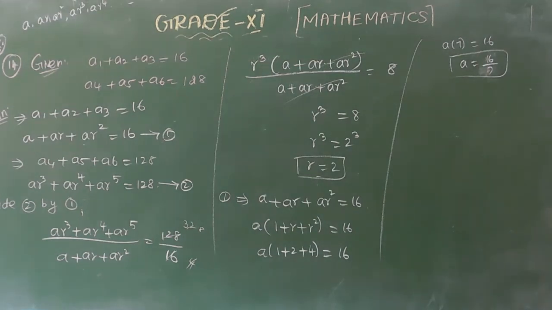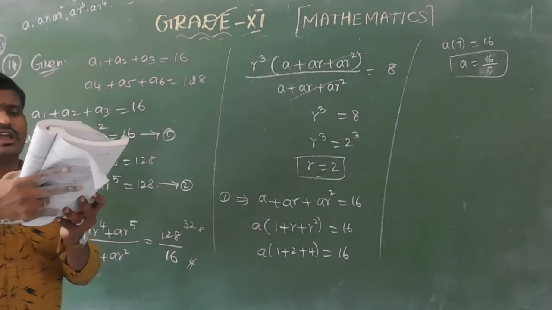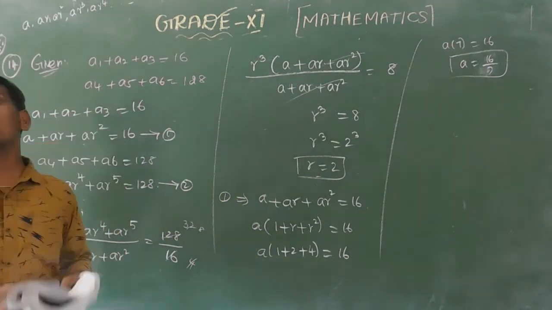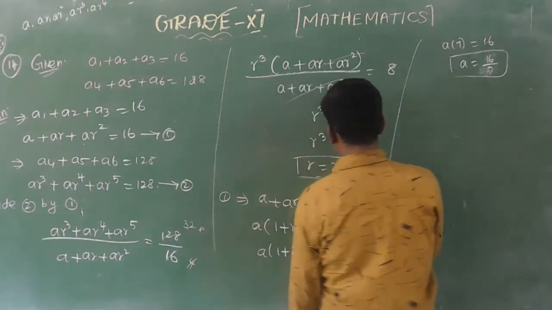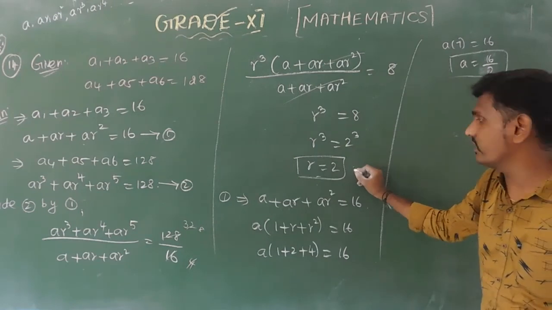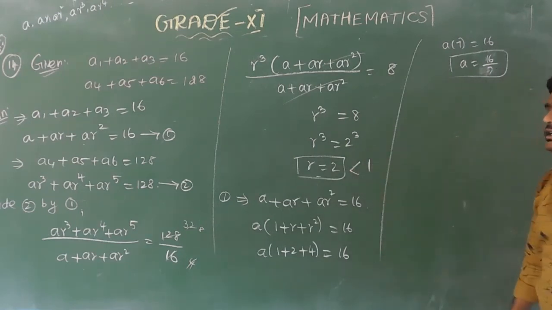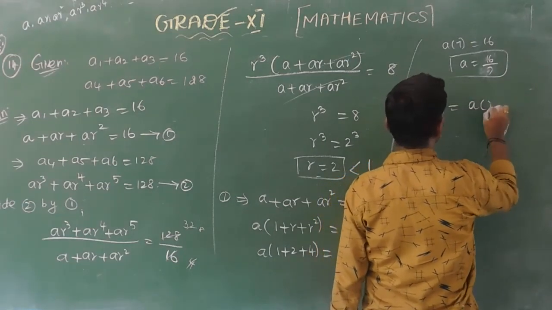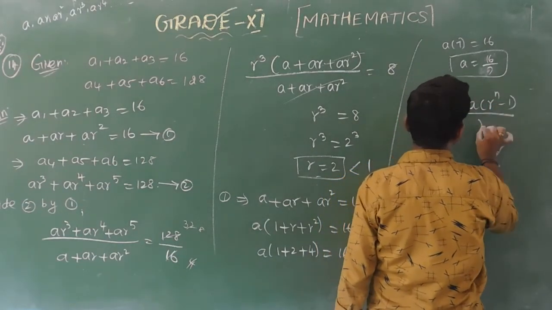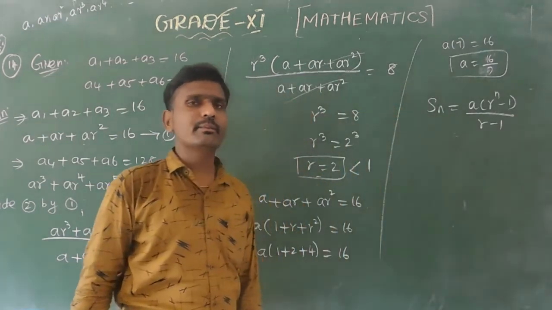Now what is the given question? Now the value of r, is it less than 1 or greater than 1? Greater than 1. Now I am taking the Sn formula. Sn equals a into r power n minus 1 divided by r minus 1.